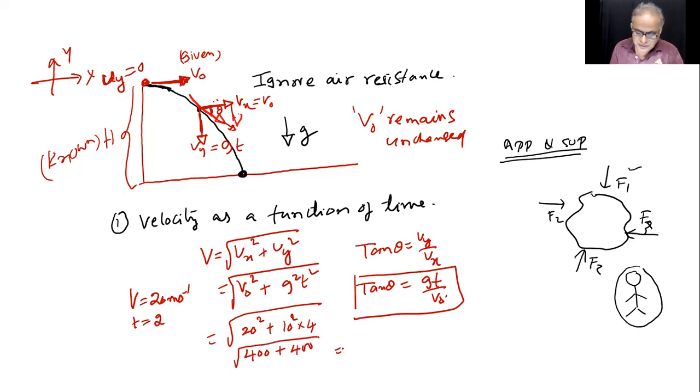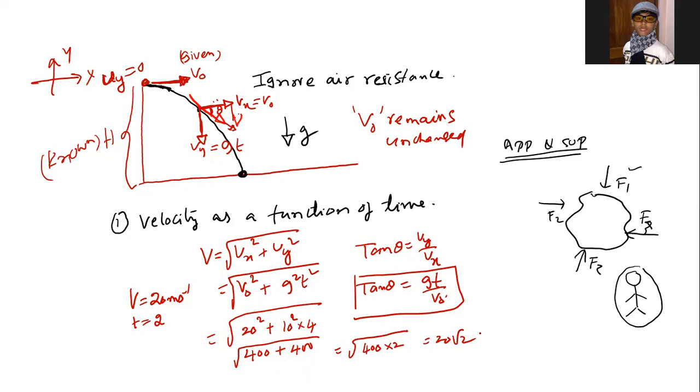Isn't it? How much is it? Did I do it properly? 100 into 4, 400. Is it okay? So 400 into 2, which is how much? 20 root 2. And tan theta also you could calculate if you wanted.